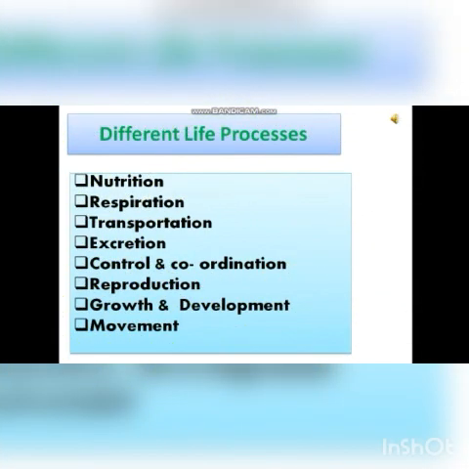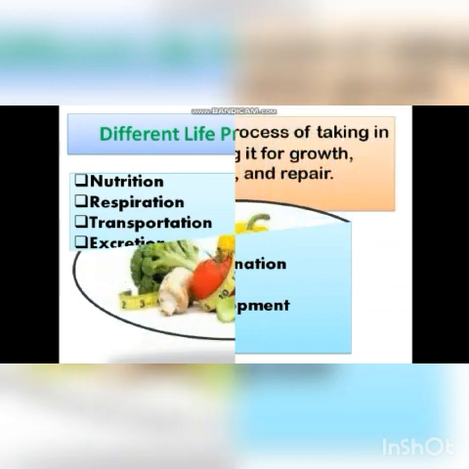So here we will see the various ways by which animals can obtain their food. Life processes which are common to plants and animals are nutrition, respiration, transportation, excretion, control and coordination, reproduction, growth and development, and movement.